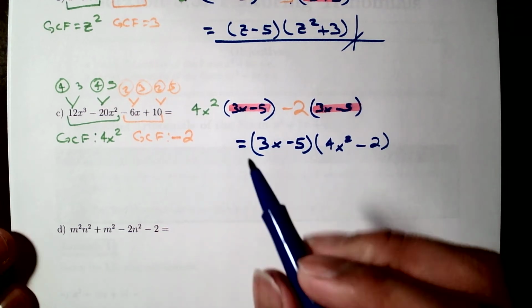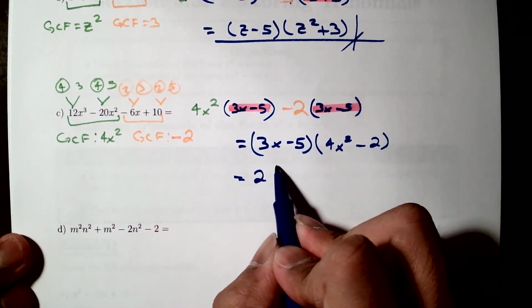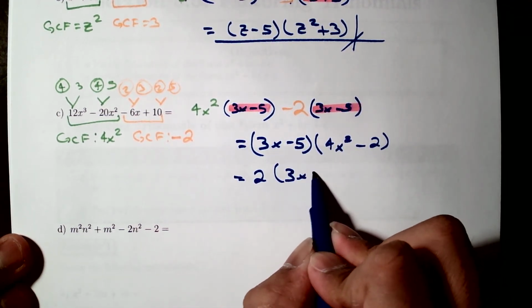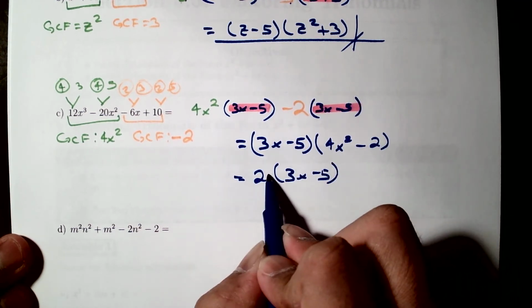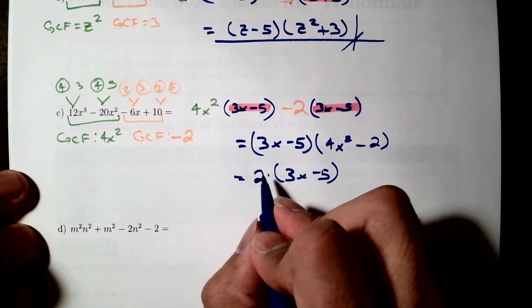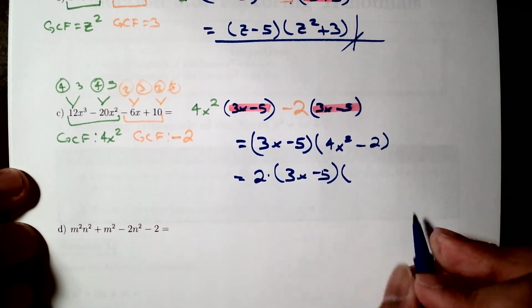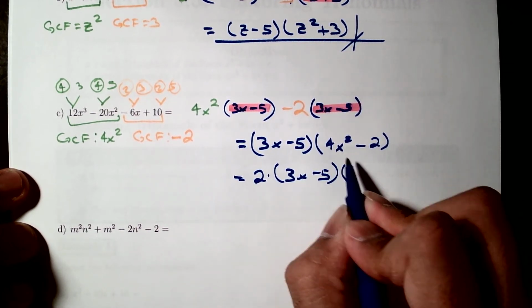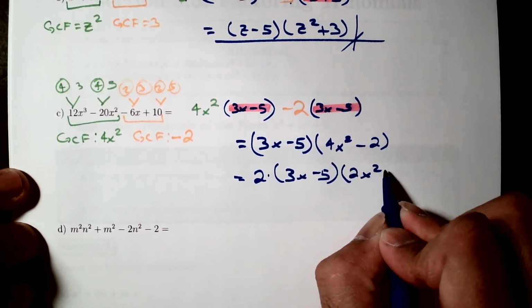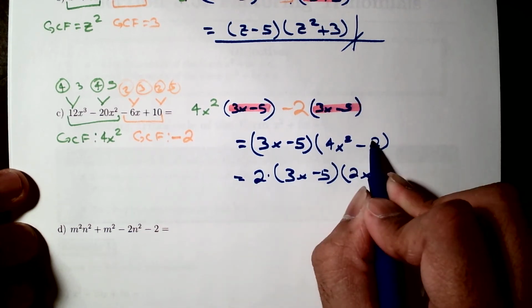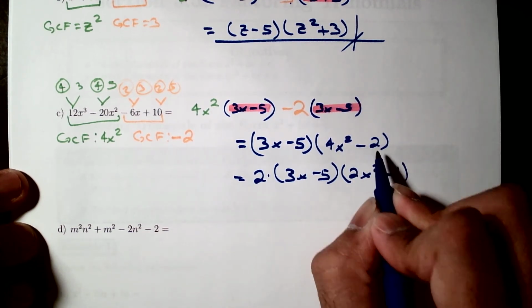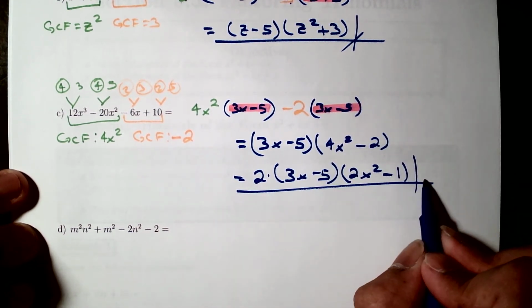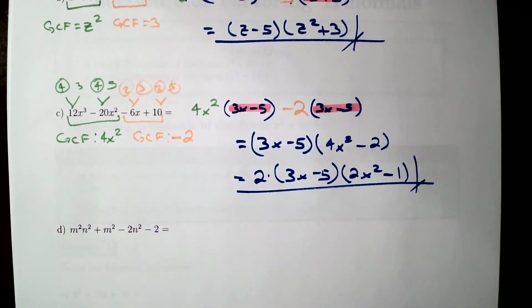I can factor out a 2 times 3x minus 5. Notice this means product. I left a lot of space here. And then 2 times what equals 4, that's 2x squared. And then 2 times what, that's negative 1 times negative 2. Final answer.